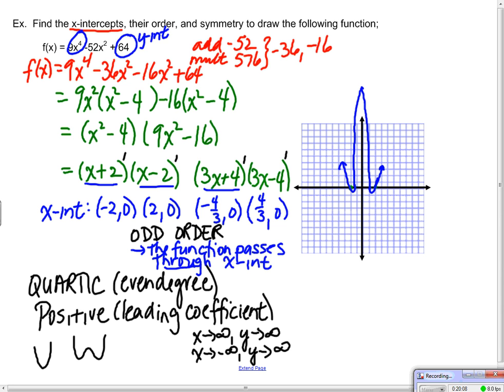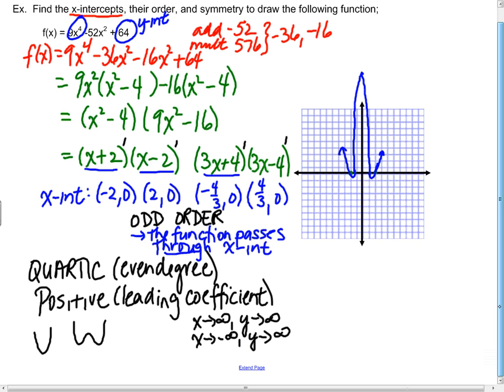They also asked us to consider symmetry. Symmetry, unfortunately, uses the same words, but symmetry is where we are looking at odd and even. Now, when I have drawn my function, just from what I know of end behavior and x-intercepts, well, it looks like a mess, but it looks like it is balanced, that the left side should be mirrored exactly on the right side.